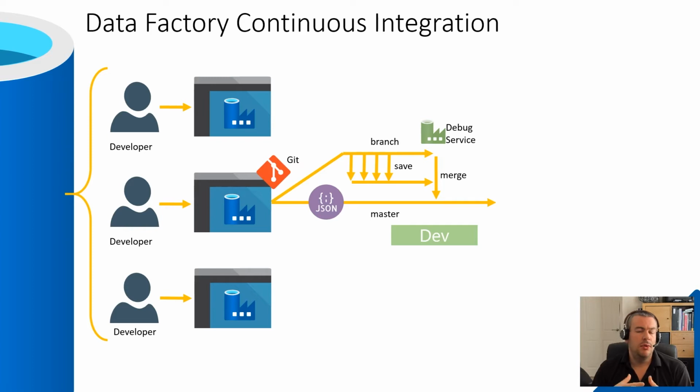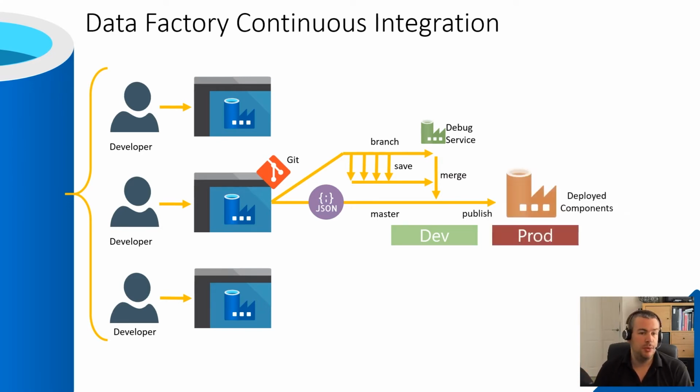Now, if we compare that development environment to Visual Studio, which is maybe something that we're more familiar with, we are at this point working in Visual Studio if we like, or working within that Data Factory UI. But what we can also do within Data Factory, when we've got that resource deployed in Azure, is publish.